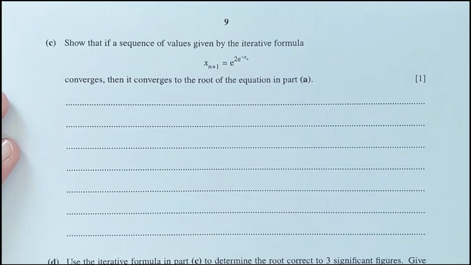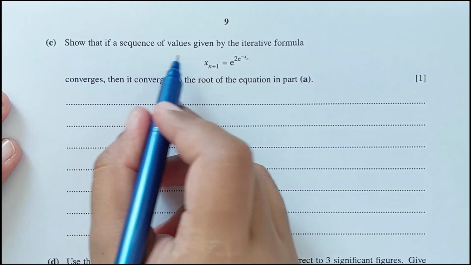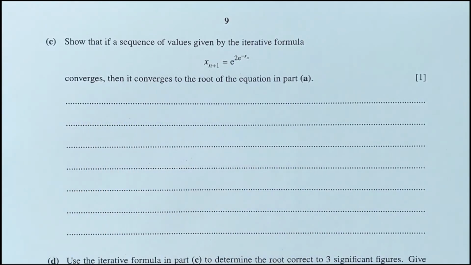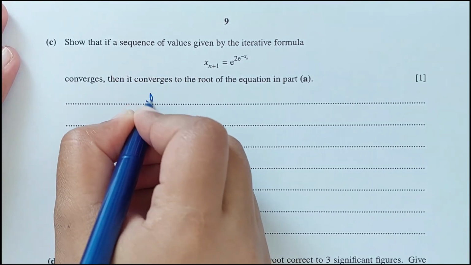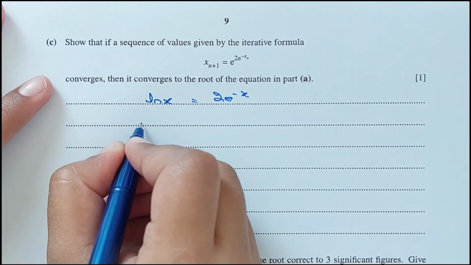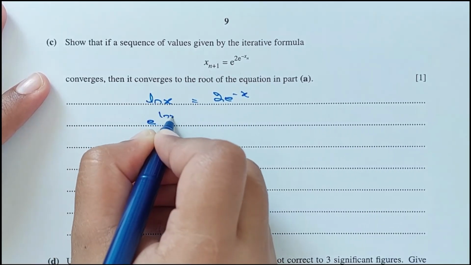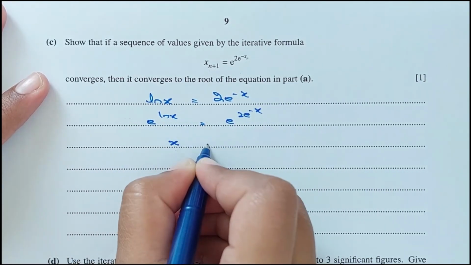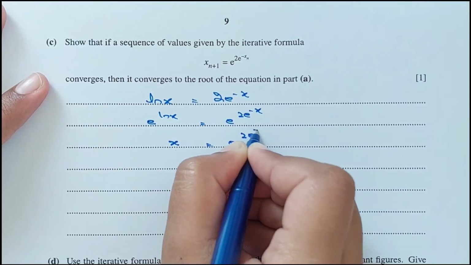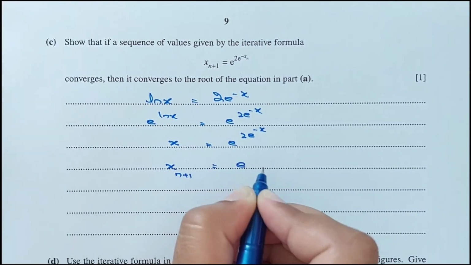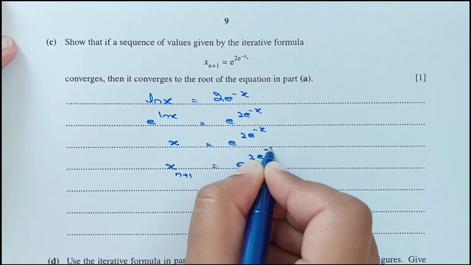All right. Part C: show that if a sequence of values given by the iterative formula converges, then it converges to the root of the equation in part A. We have given ln x equals 2 e to the power minus x in part A. Taking e on both sides, e to the power ln x equals e to the power 2 e to the power minus x. e to the power ln x is x, and replacing this x with x_(n+1), we get x_(n+1) equals e to the power 2 e to the power minus x_n.